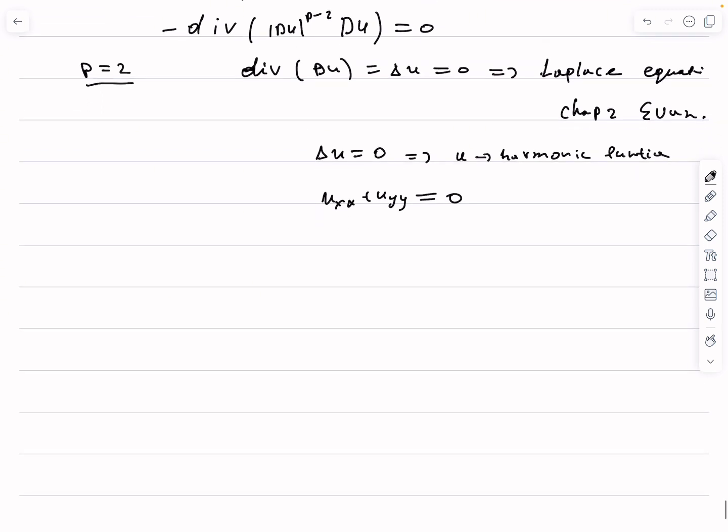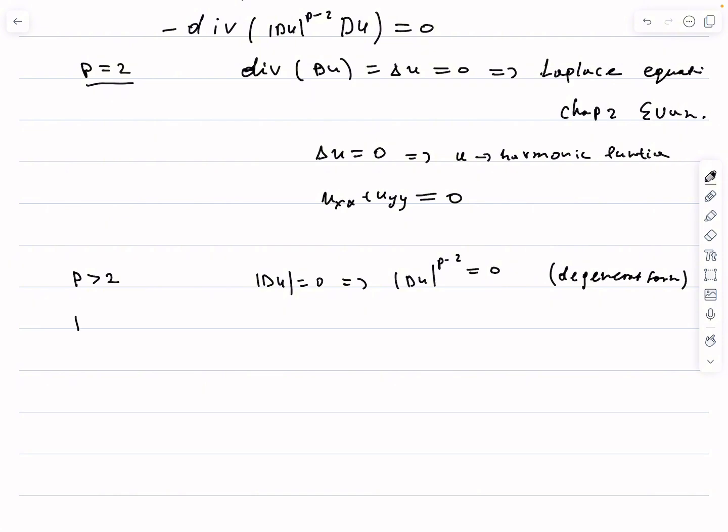So let's consider when p is greater than 2. When our du is equal to 0, we get |du|^(p-2) equal to 0. This one is called the degenerate form.